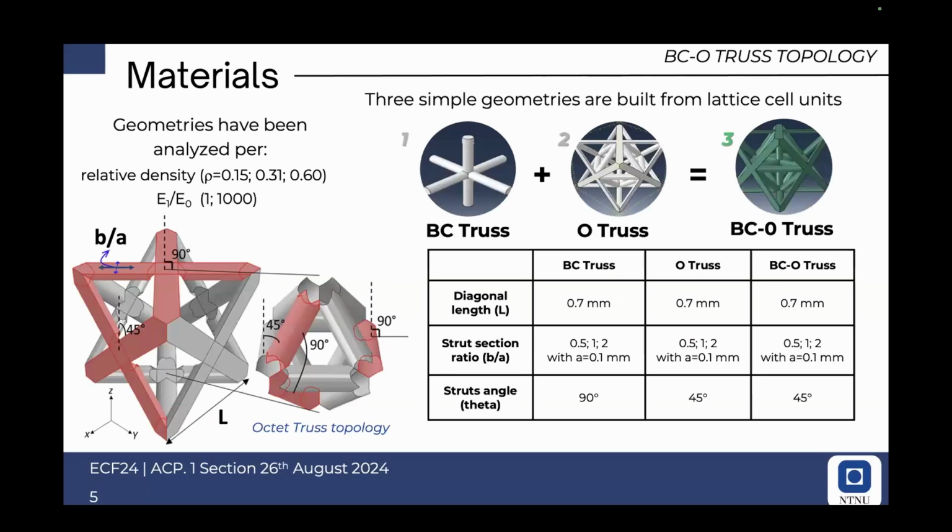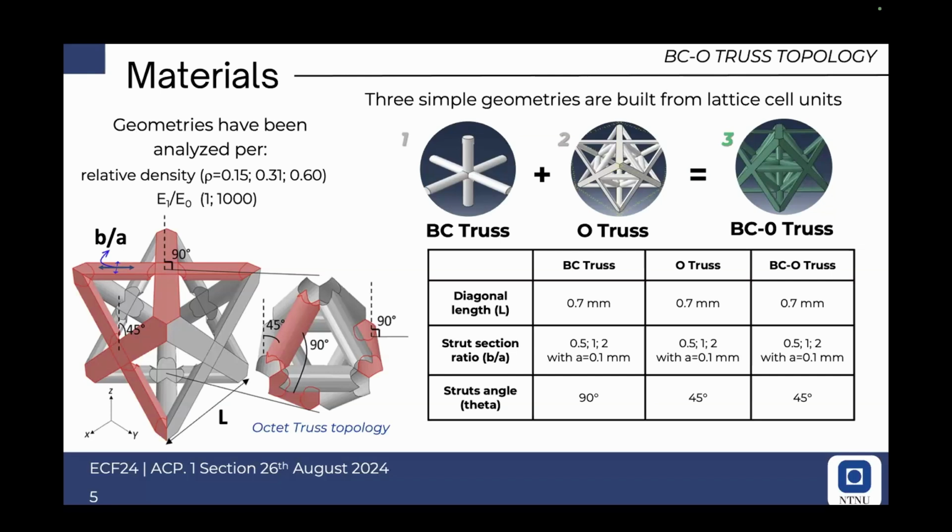So we designed via finite element analysis our topology. I will call it, in the next slides, just for simplicity, BC as a cubic. And also we designed the octet, and we put together, so combined, these two unit cells in a third topology, the BCO, that we analyzed in depth. You know that the mechanical property depends not only on the topology, so on the geometry, but also on the parameters.